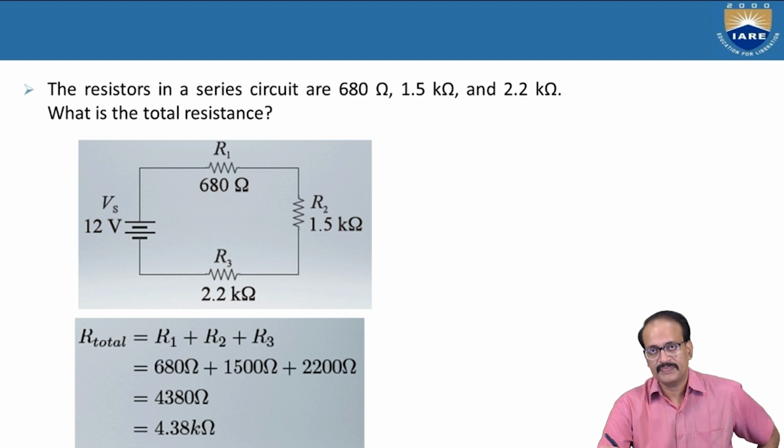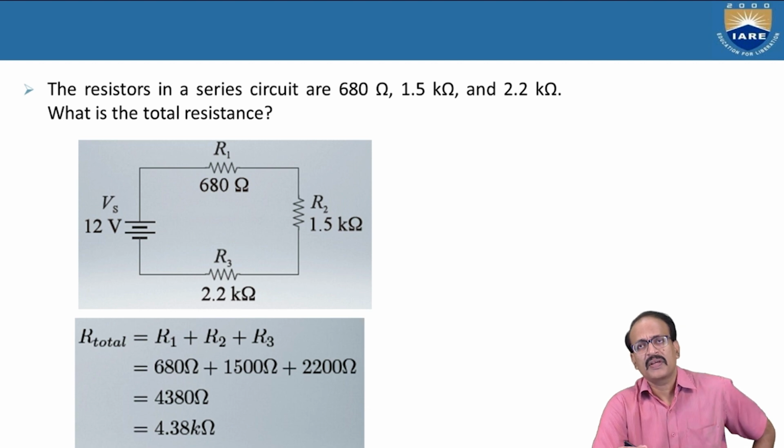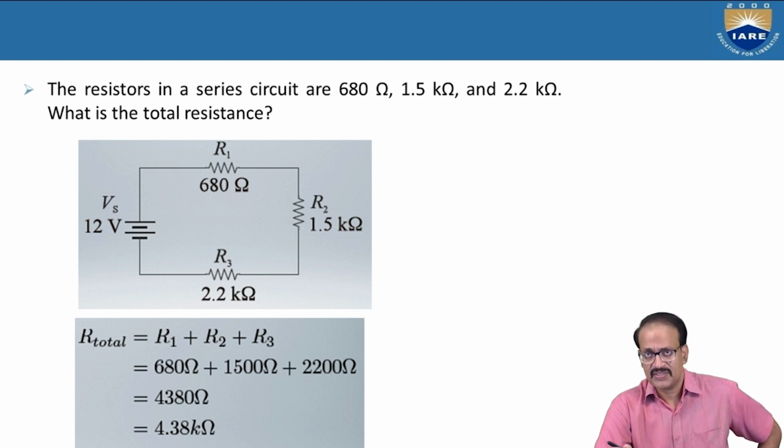So for that example, the source voltage is 12 volts, R1 resistance is 680 ohms, R2 is 1.5 kilo ohm, R3 is 2.2 kilo ohm. So no need for applying KVL or anything. We can simply just add.